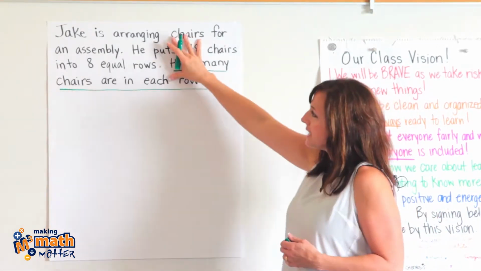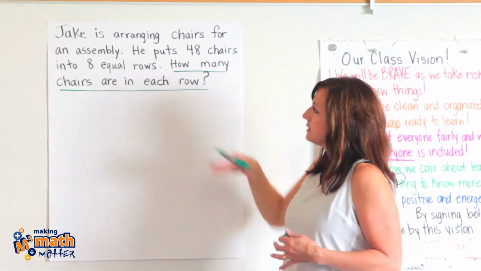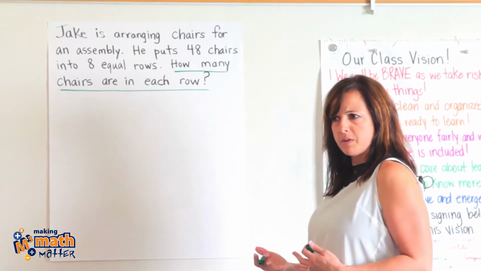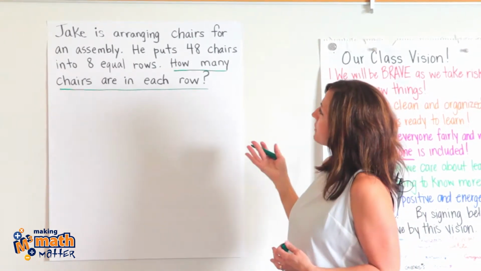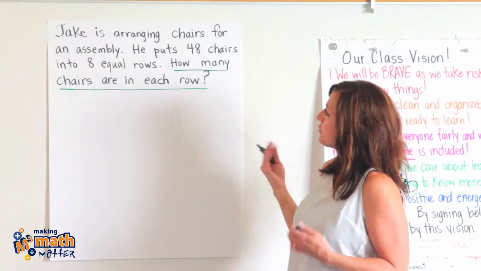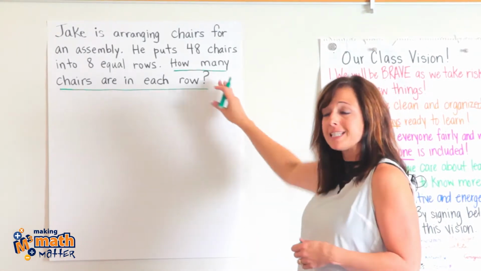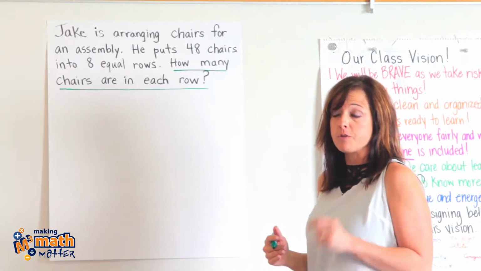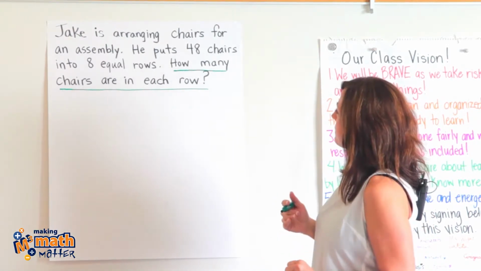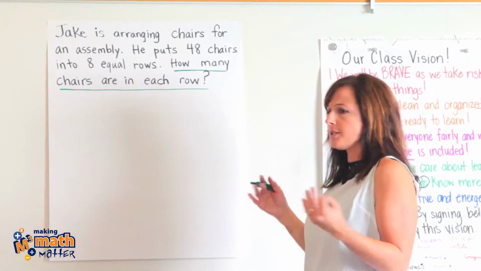Okay, so we've read it. Probably we should reread it just to make sure we know what's going on. Jake is arranging chairs for an assembly. There's 48 chairs in 8 equal rows. Okay, I know what my question is. I just need to turn it into a statement now for step 2. So I might say something like, there are blank chairs in each row.